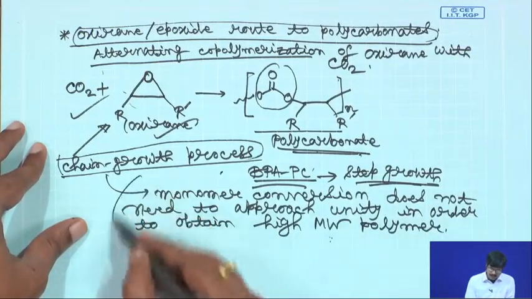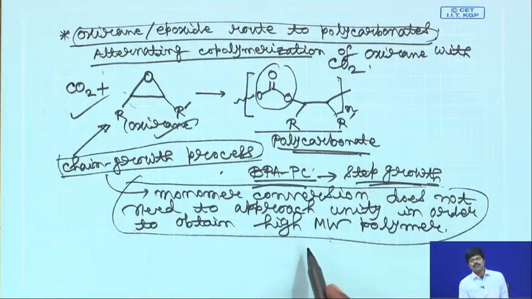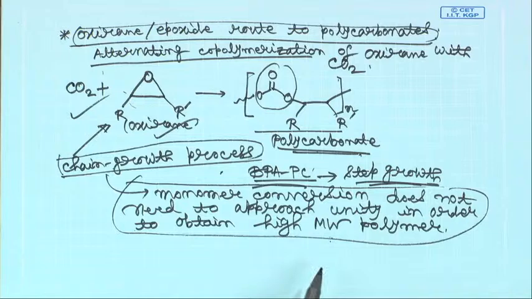This means that in the first phases of the reaction itself you already start to get higher molecular weight, typical of your chain growth polymers. Typically in your step growth polymers you need to go to very high conversion in order for your high molecular weight polymer to be produced.